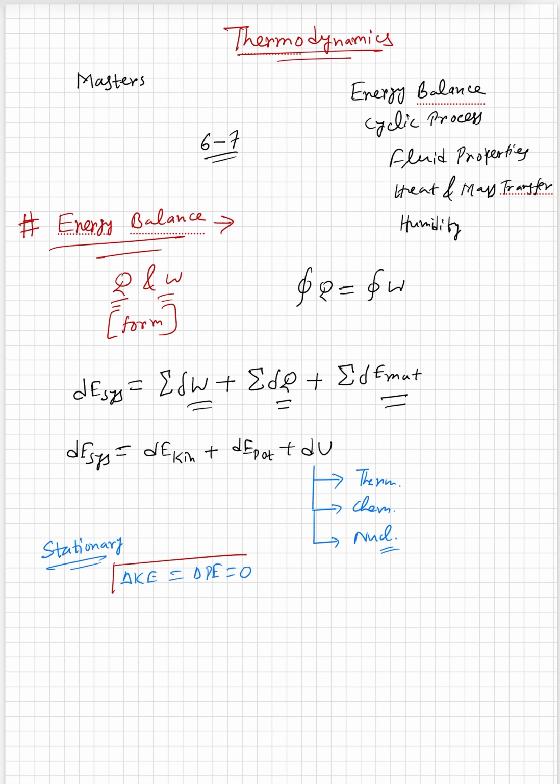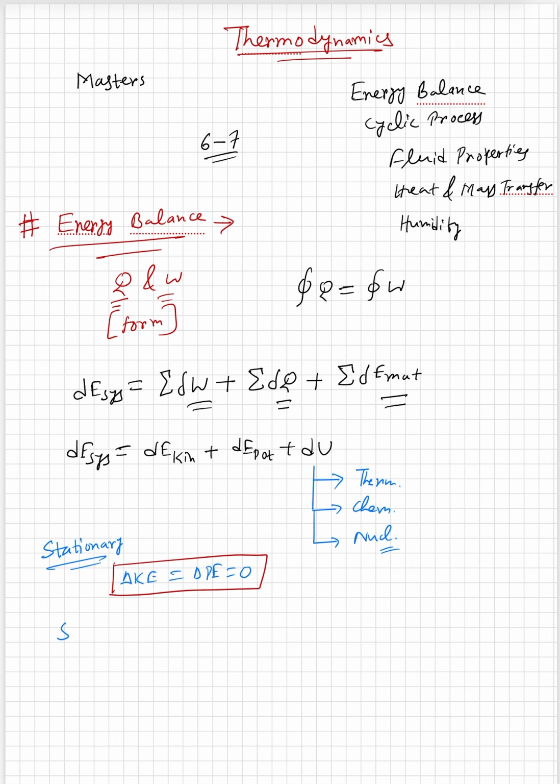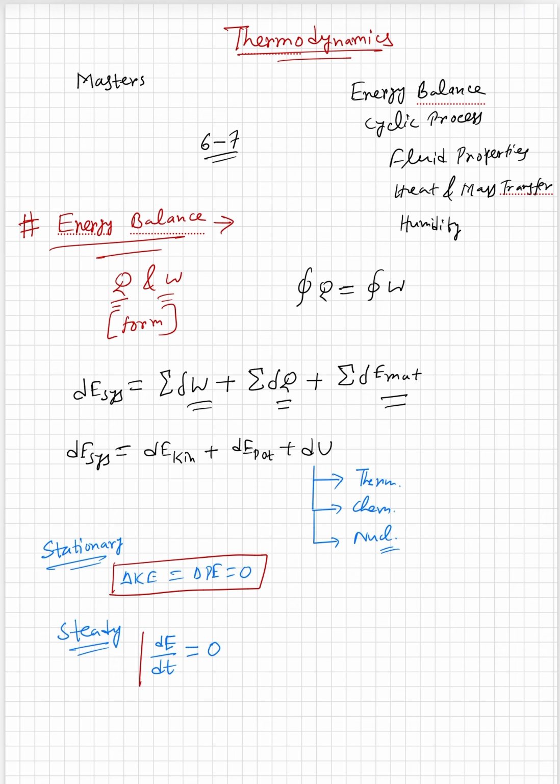Now for the steady state system, which we deal with in our courses, the energy balance with time differentiation will be zero. Remember that in a steady state system, the energy of the system is not varying with time.